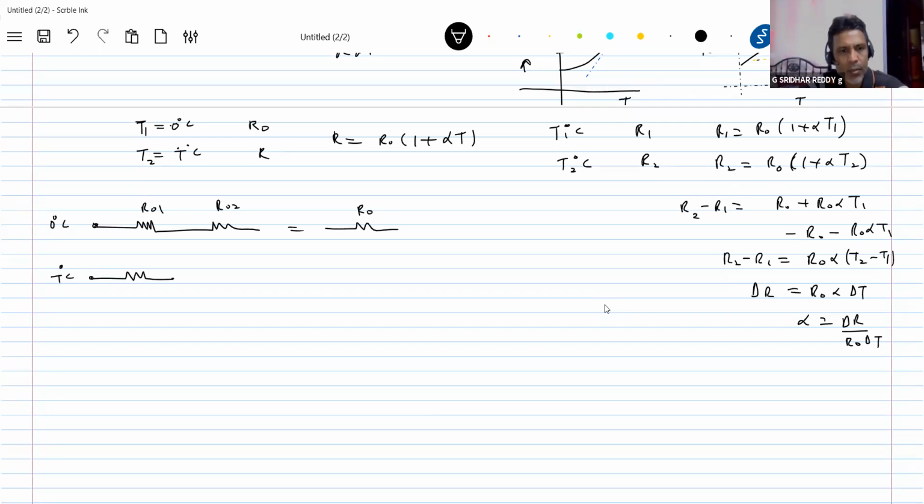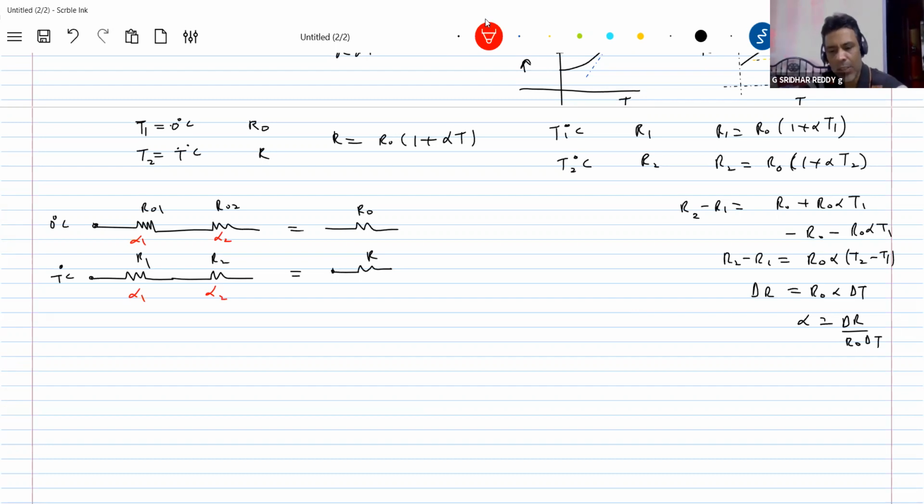The resistance of both will change, and the effective resistance of this also will change. Let this be alpha 1 and let this be alpha 2. We assume alpha remains constant.